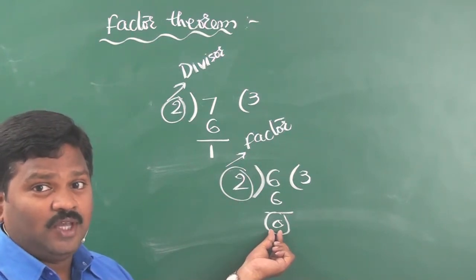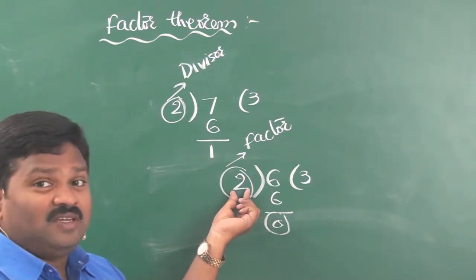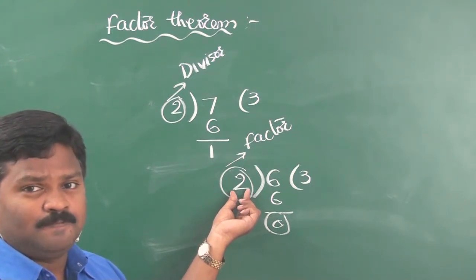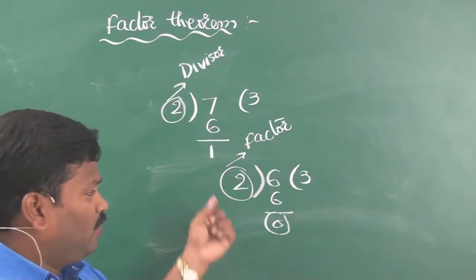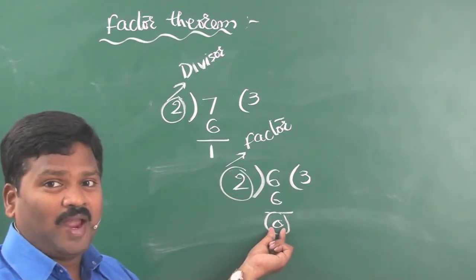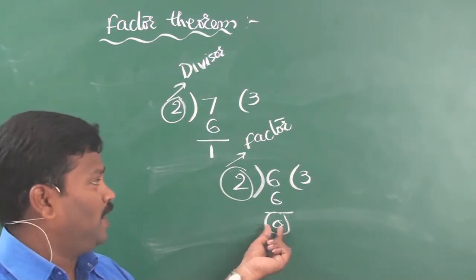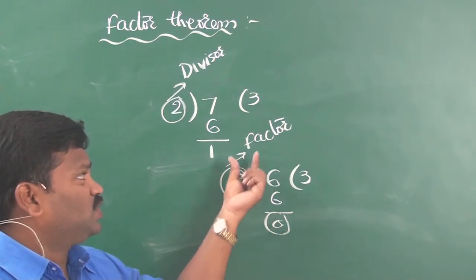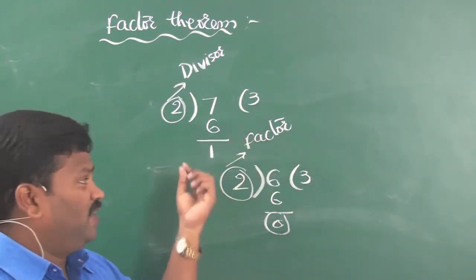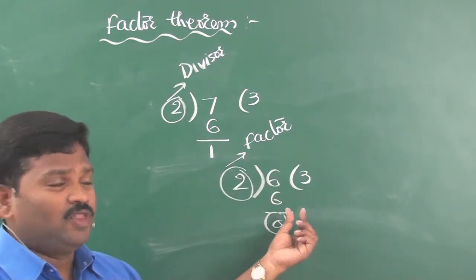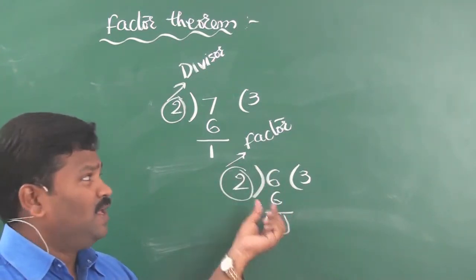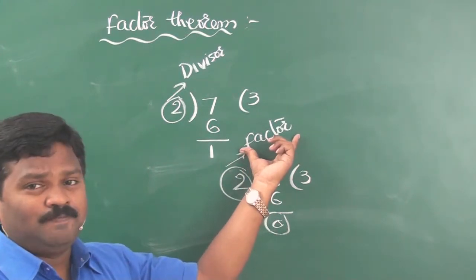If the remainder is 0, then this divisor is called a factor. If the divisor divides exactly without leaving any remainder, then it is called a factor.